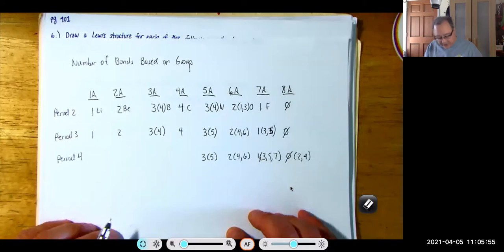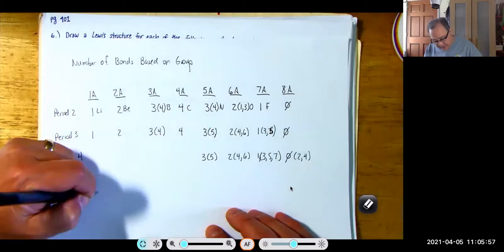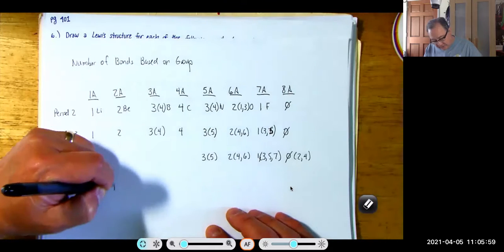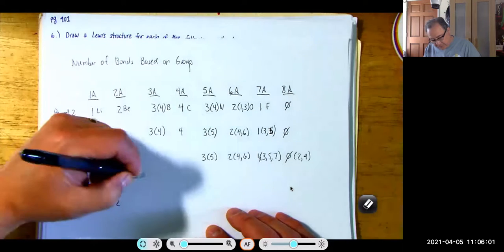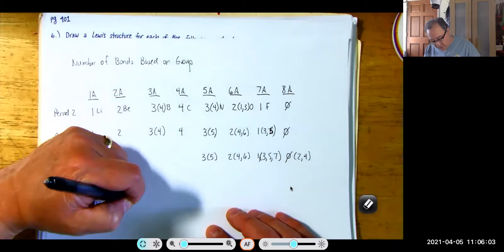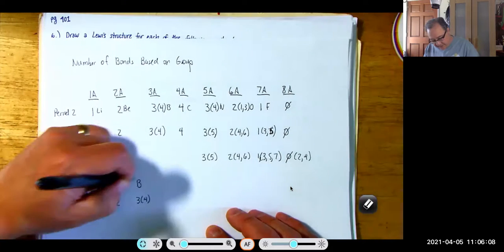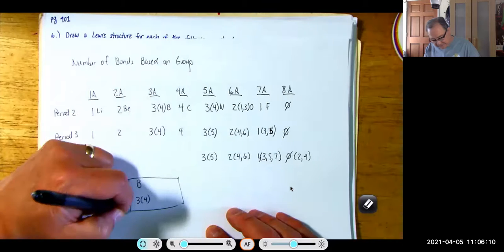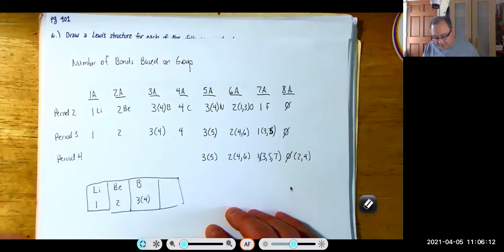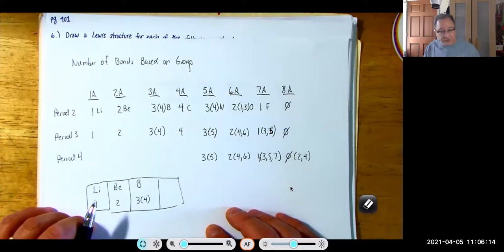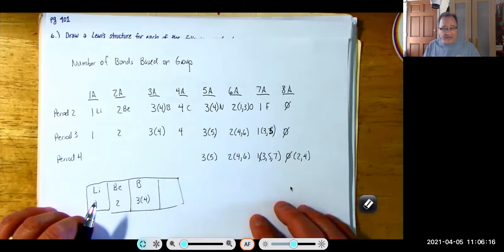And you can redo this table where you put lithium here, and here's a 1, beryllium here, here's a 2, boron here, here's a 3, 4. And you can make it like a periodic table.